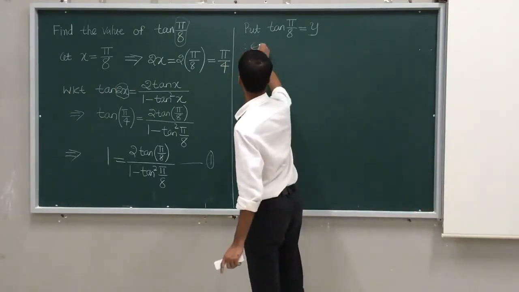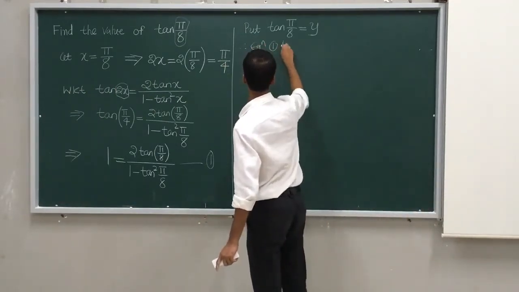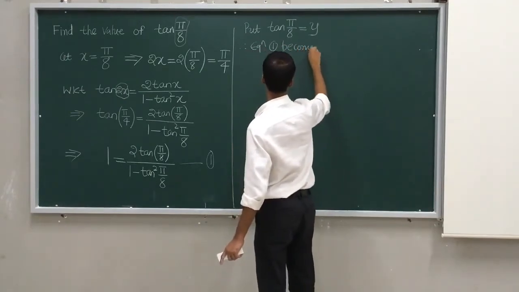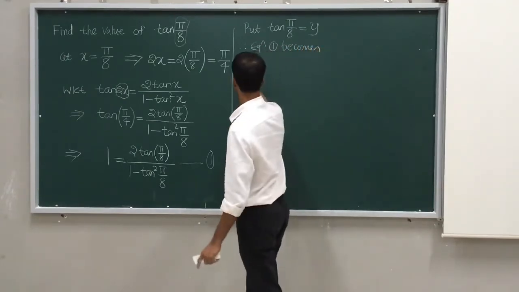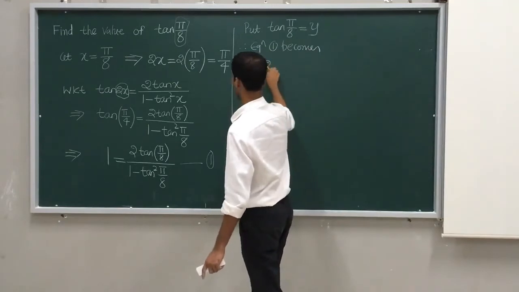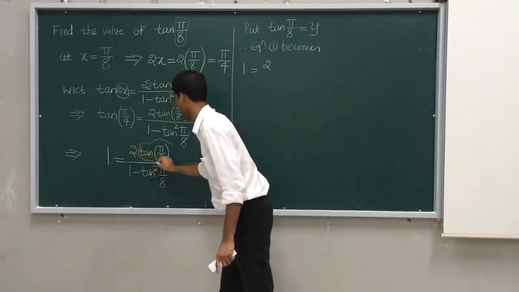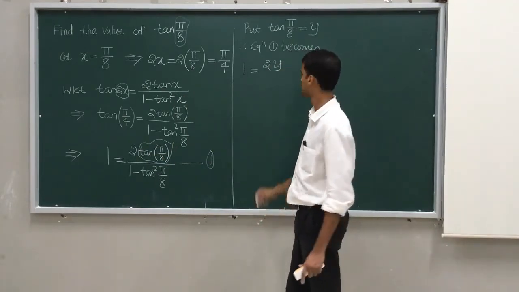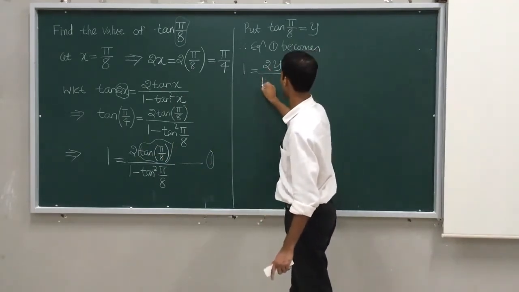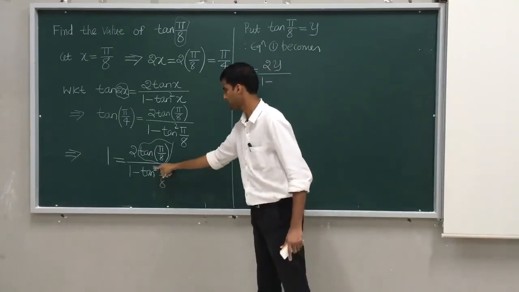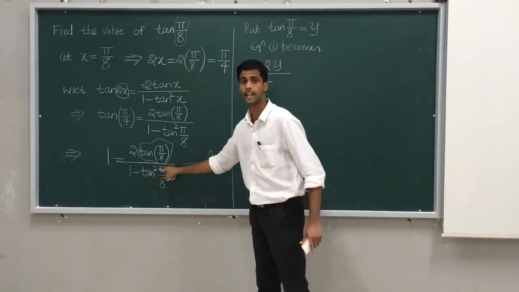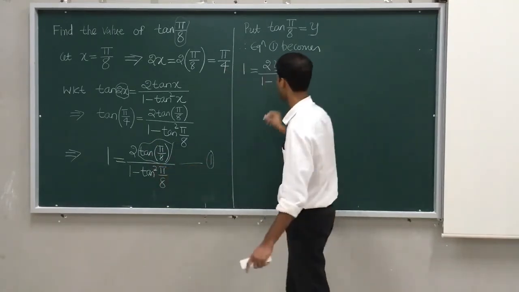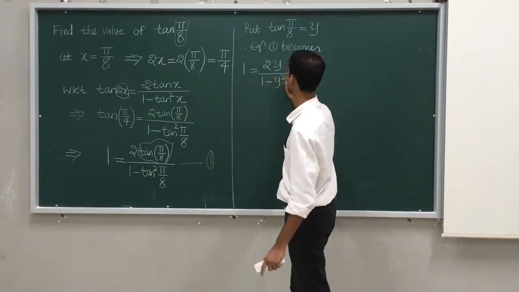Therefore, equation 1 becomes 1 equal to 2 times, I have considered this tan pi by 8 as y, so 2y, upon 1 minus tan square pi by 8, which can be written as tan pi by 8 the whole square. So it becomes 1 minus y square.